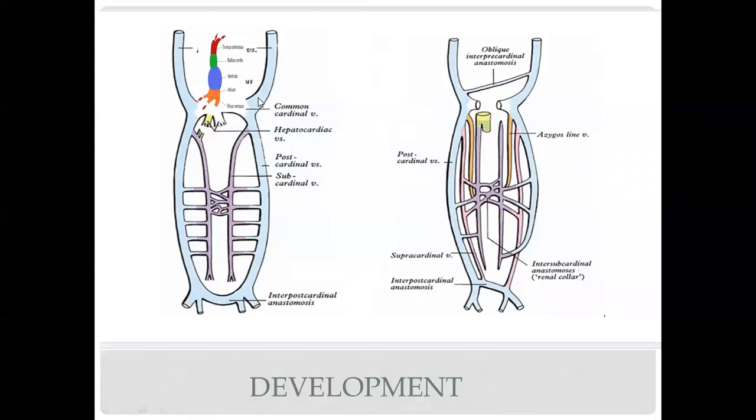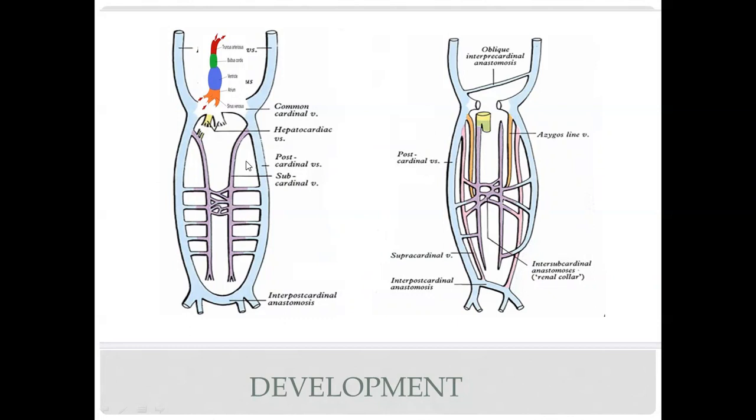The anterior and common cardinal veins on the left side give rise to the brachiocephalic vein and subclavian vein, which later drain to the superior vena cava. The subcardinal veins have an anastomosis in the middle, called the subcardinal venous anastomosis.